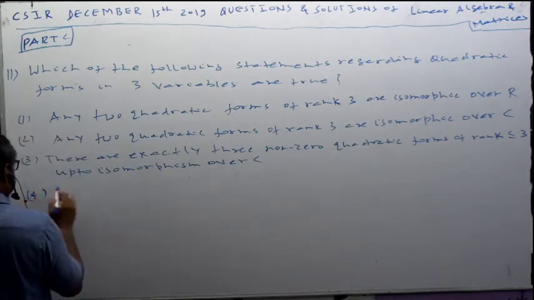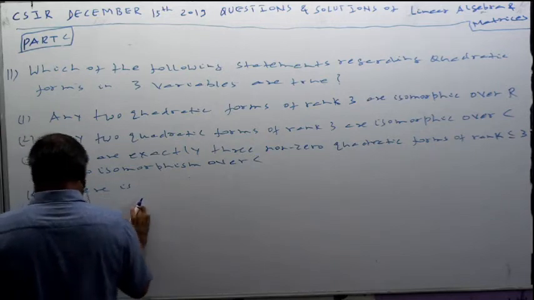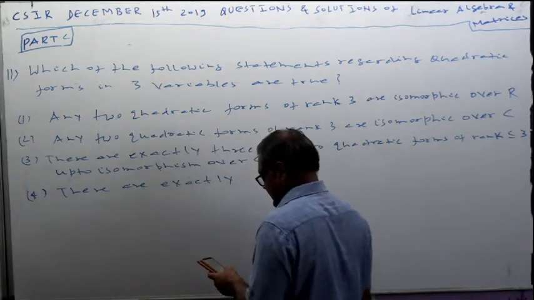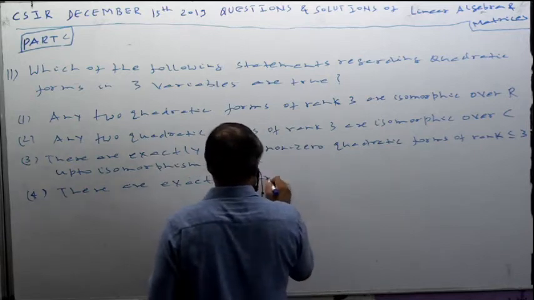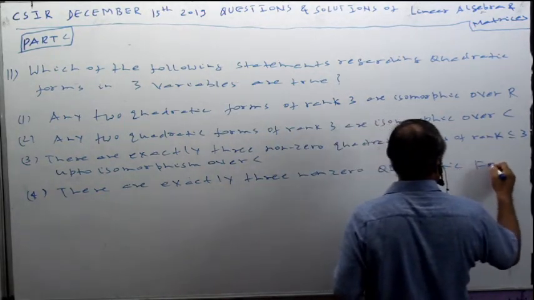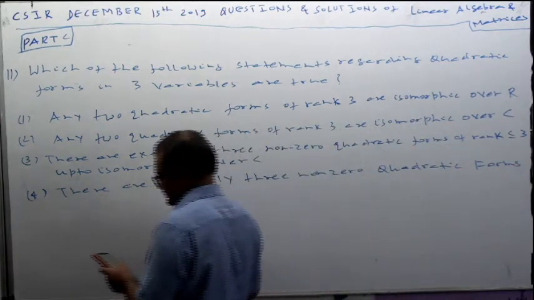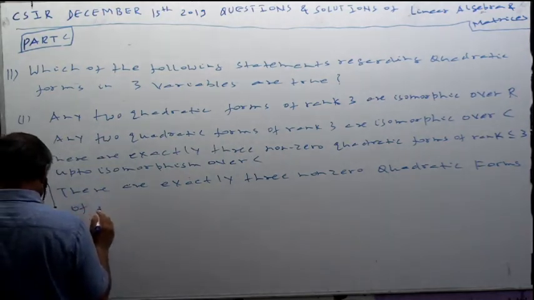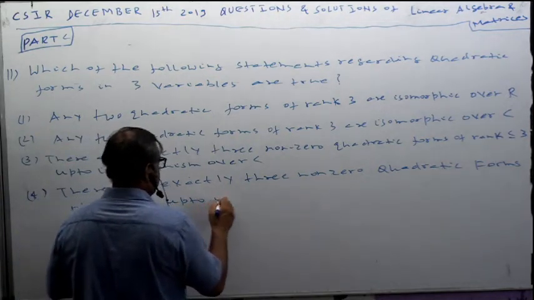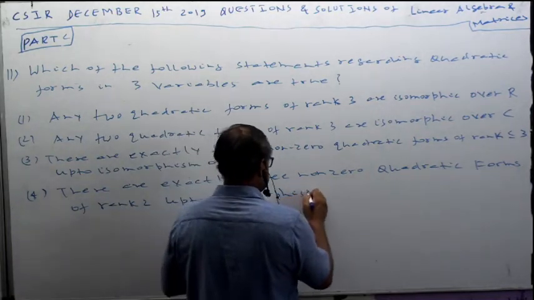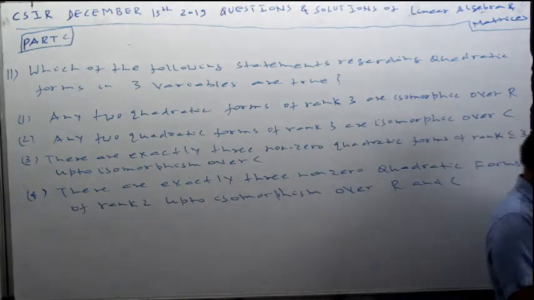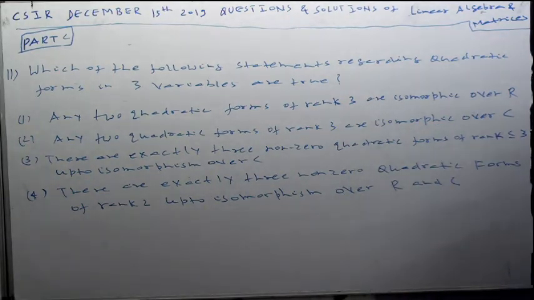Fourth one is there are exactly three non-zero quadratic forms of rank 2 up to isomorphism over R and C. This is your question number 11.